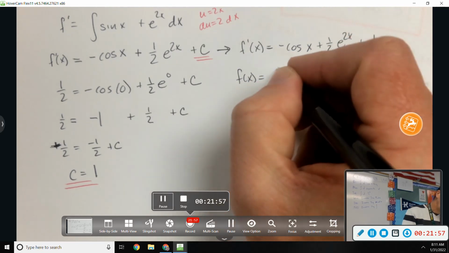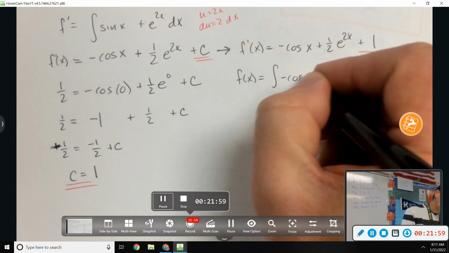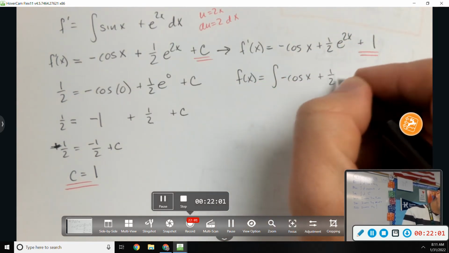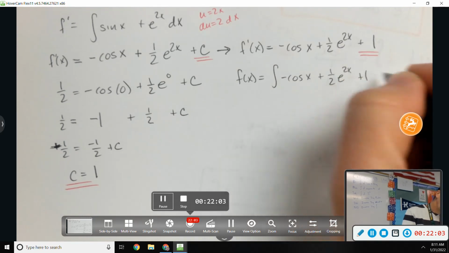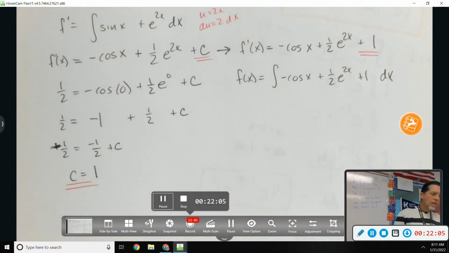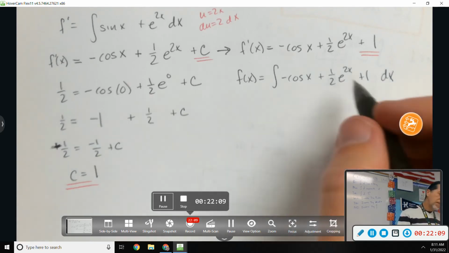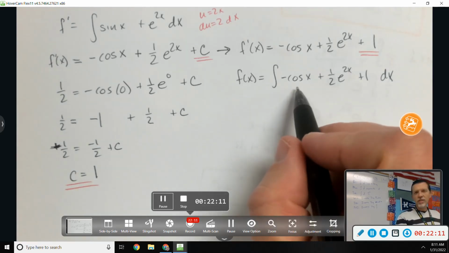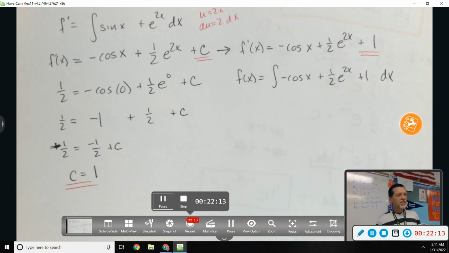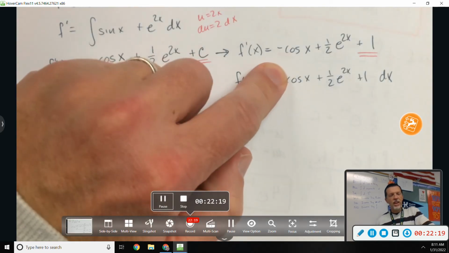Let's integrate one more time to get back to f. I'm out of popsicle sticks, and I'm almost out of time. What's the antiderivative of negative cosine? Or maybe we should just ignore the negative. What's the antiderivative of cosine?